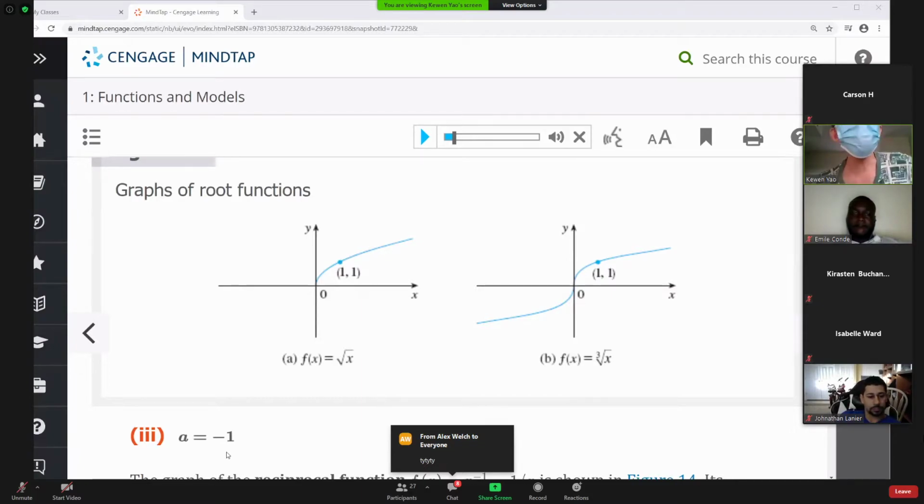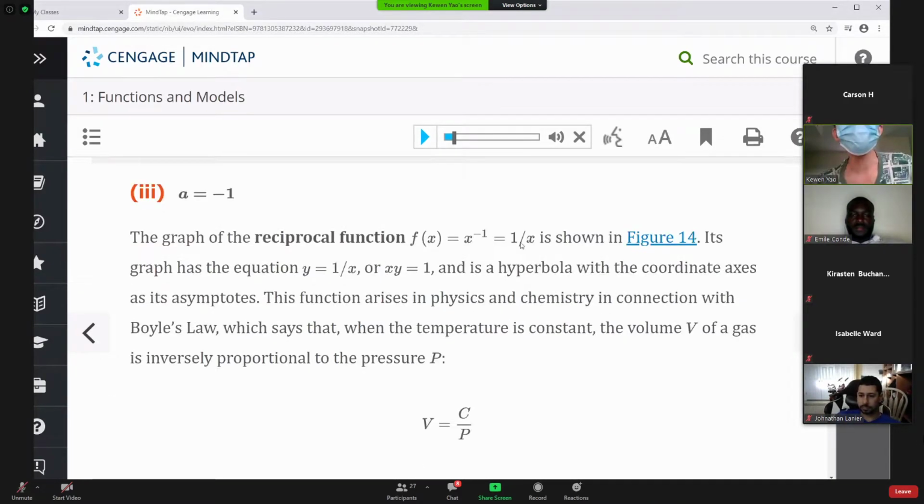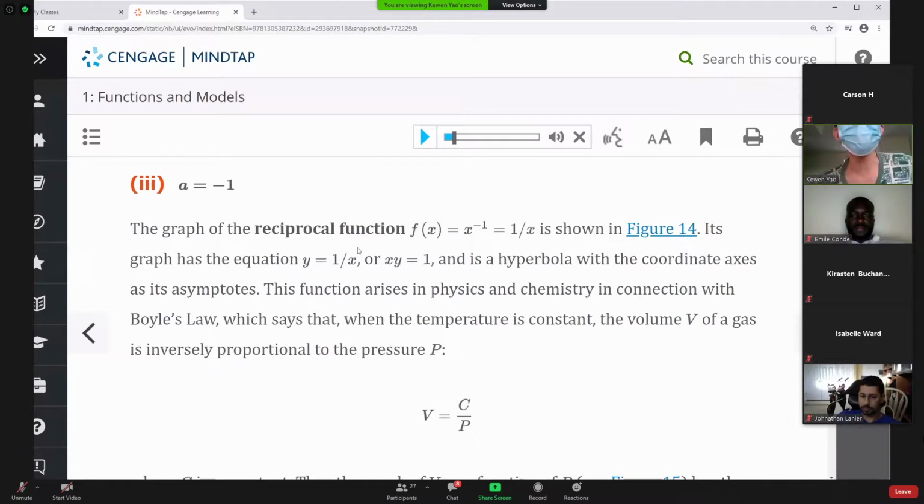A can be negative 1, because A can be any real number. Now it becomes y equal to 1 over x, because x to the power negative 1 is 1 over x. Now you have to remember the domain of y equal to 1 over x.